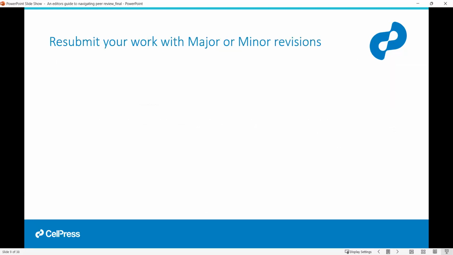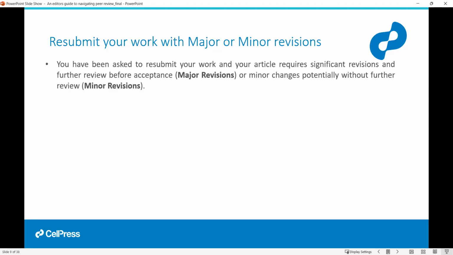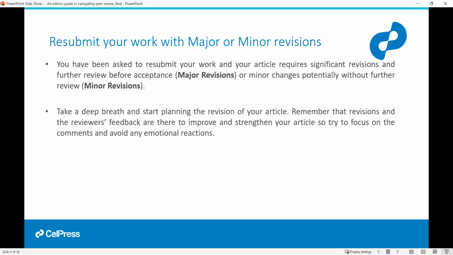If you have received a decision letter saying that you have to resubmit your work with major or minor revisions, that means that with major revisions, your article needs significant work and further review before acceptance, while with minor changes, potentially without further review, that means it needs minor revisions. Take a deep breath and start planning the revision of your article.